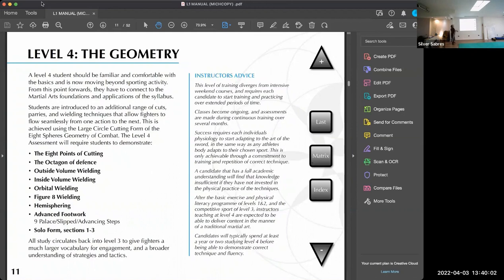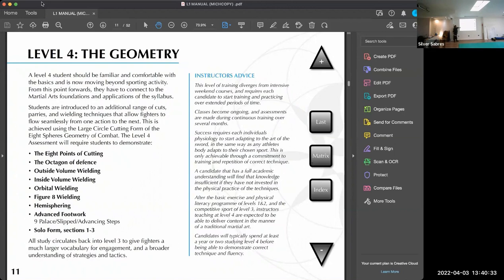Totally. So if I take you back to the slide earlier, I literally said, a student who passes a level of assessment never leaves the content behind. They just open and unlock access to more sophisticated understanding and techniques. But what you'll discover is when you're trying to reach for those difficult things that are complicated, like, for example, hemisphering with a figure 8 wield and 9 palace stepping, that's a job, right?